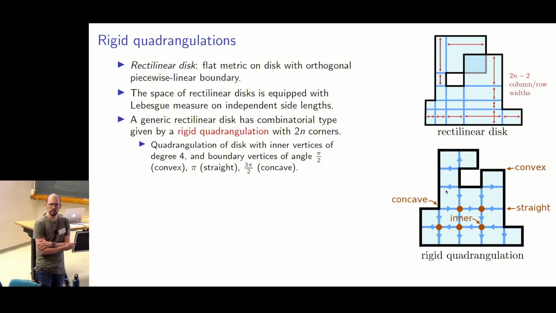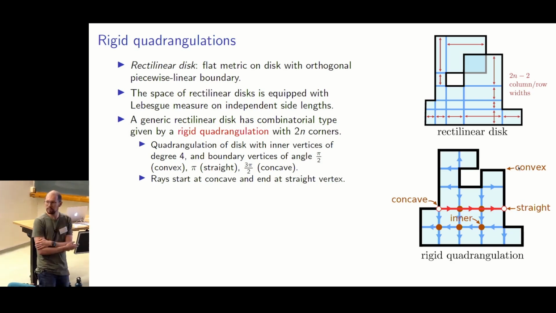And there is one additional restriction, and this is related to just looking at rectilinear disks in general position, so generic ones. And that is that all the inner edges of the quadrangulation partition into rays, and those rays will always start at a concave vertex and end at a straight one. Excuse me.